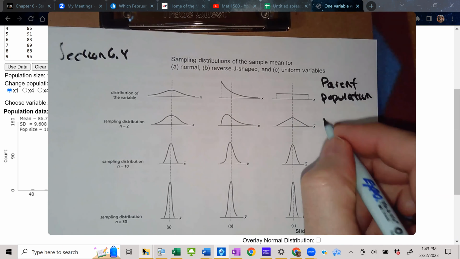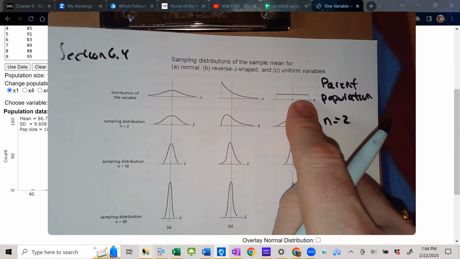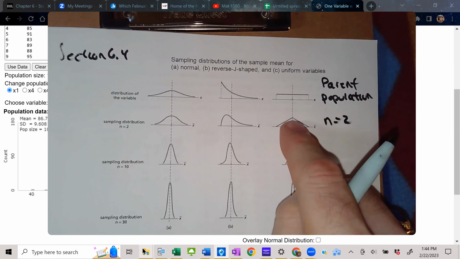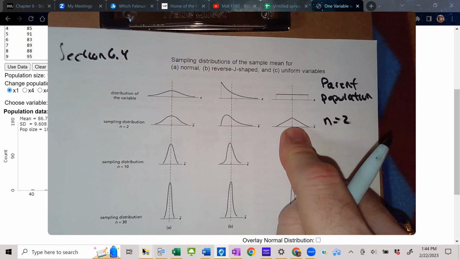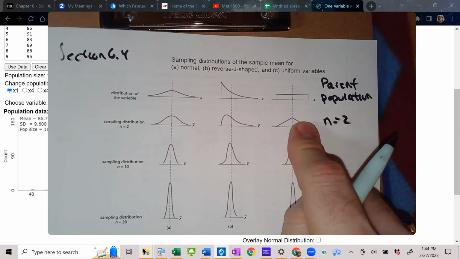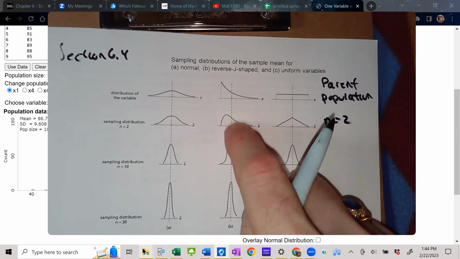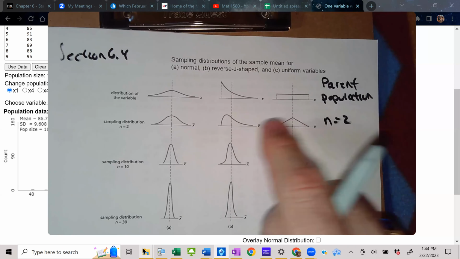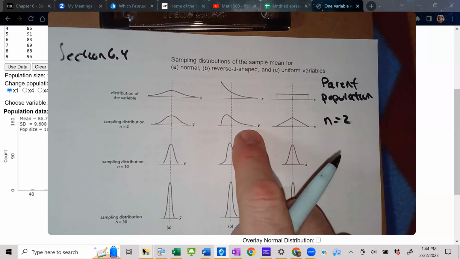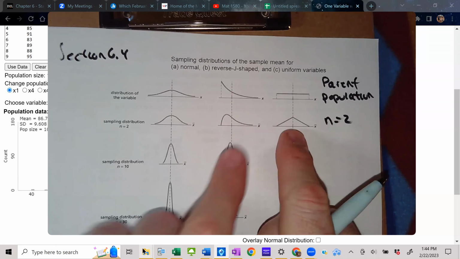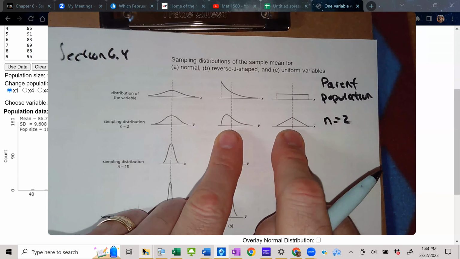If I take all possible samples of size 2 and calculate the distribution of that sample mean, that new random variable, then this is the distribution that I get from this population. If I sample from this population for samples of size 2, I get this. Are either one of these normal looking distributions? No, not really.